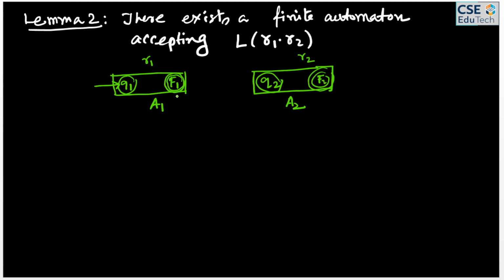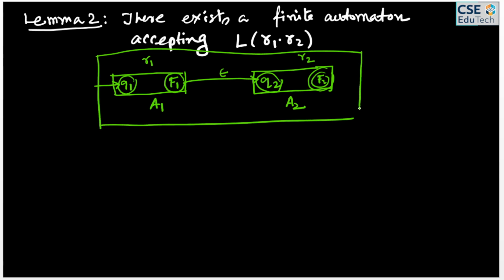Now we have to design a machine which accepts R1R2. In that scenario, we make F1 a non-final state, and we draw a transition from here to here with epsilon moves. The resulting machine, which we call A, accepts the language generated by R1R2.